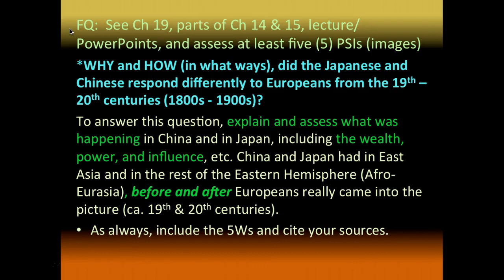To answer this question, explain and assess what was happening in China and in Japan, including the wealth, power, and influence, etc., that both China and Japan had in East Asia and in the rest of the Eastern Hemisphere, which is Afro-Eurasia, or Africa, Europe, and Asia, before and after Europeans really came into the picture, which was the 19th and 20th centuries. As always, include the 5 W's, who, what, where, when, why, and how and why important, and cite your sources.